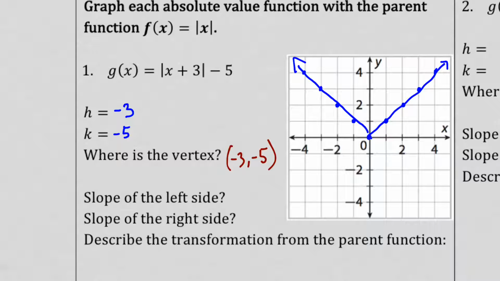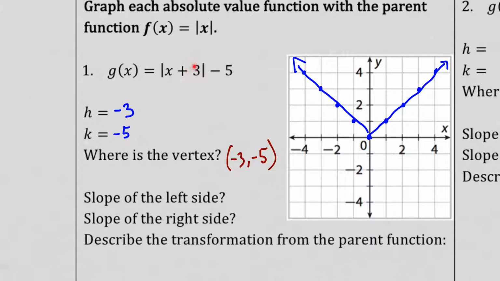Let me repeat all that. For the parent function that we graphed here, the original, the vertex is 0, 0. There's nothing being added inside, there's nothing being added outside, it's 0, 0. But as soon as you start adding these parameters, that's what we call these h and k, the vertex moves to a new spot.